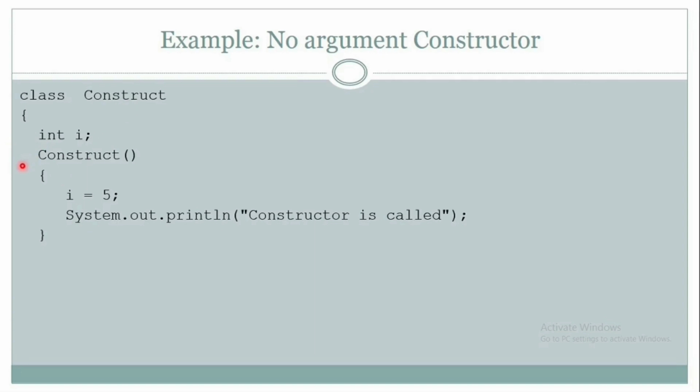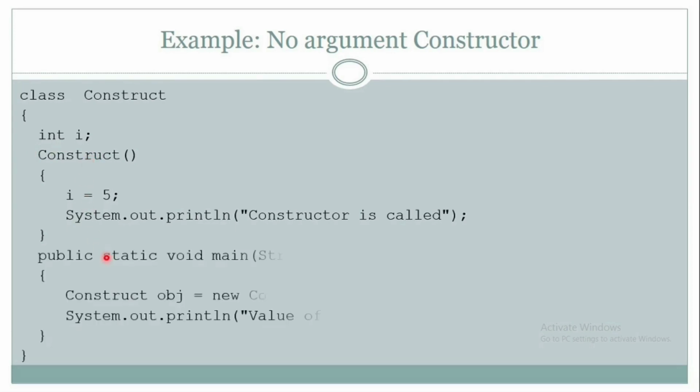As you can see, there is no return type mentioned over here. The constructor is called automatically when an object is created. And one more point is, the main goal of constructor is to initialize the data members of an object. As you can see here, I'm initializing the data members of an object.